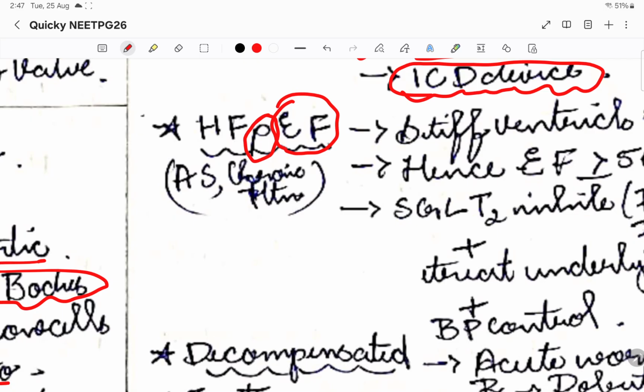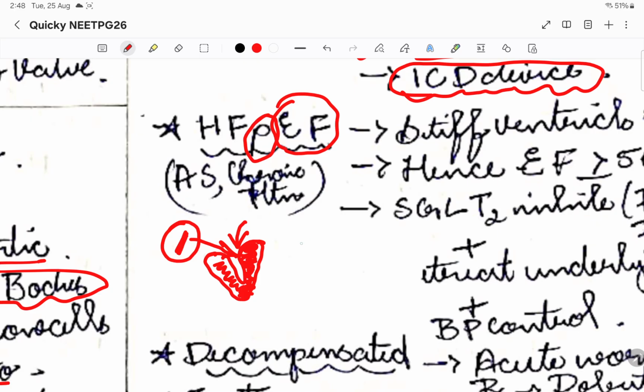What does that mean? In aortic stenosis or chronic hypertension, the filling itself will be reduced. Suppose this is the left ventricle, there will be too much hypertrophy, right? Because of too much remodeling from the pressure created in the left ventricle, the blood filling itself is already low.